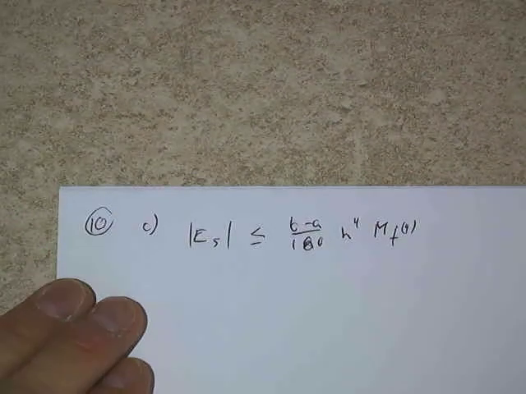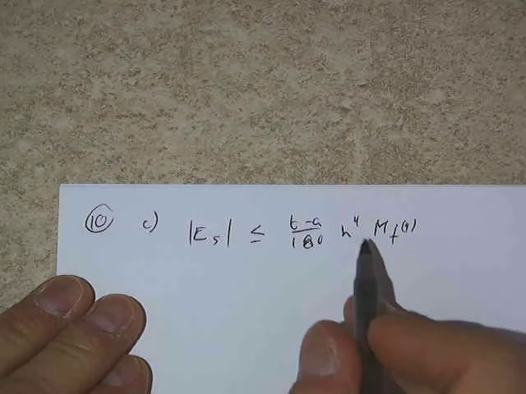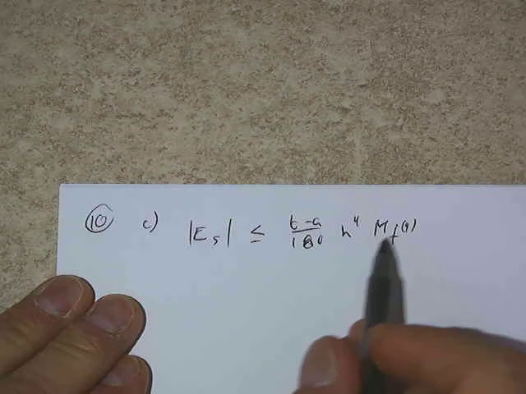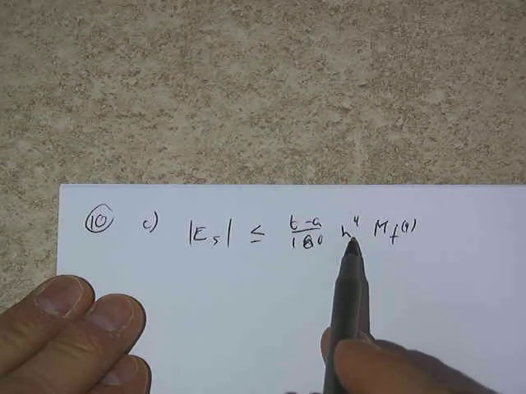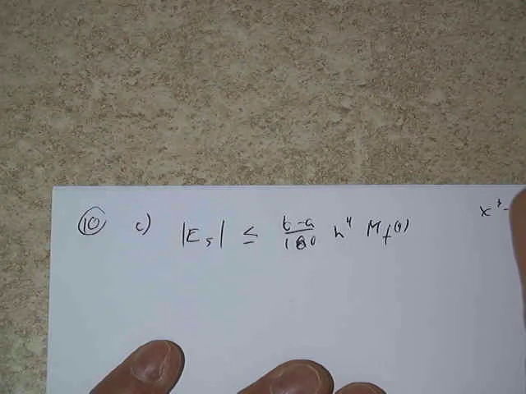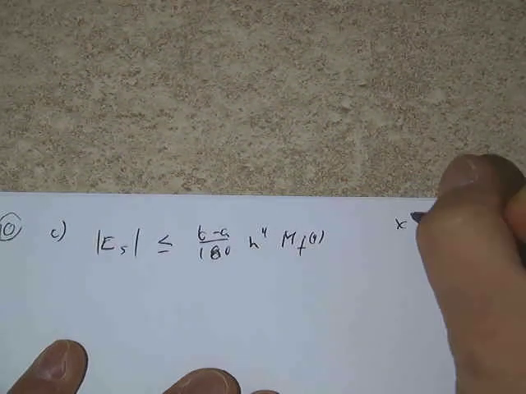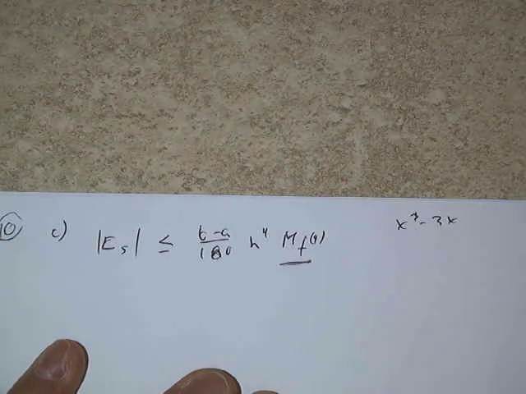So that being our formula, if we want to know the error here, we know the error has to be less than this stuff right here. Ultimately, this stuff right here really doesn't matter, because remember, our function in question was x cubed minus 2x, wasn't it? This was our function, and that M value right there is the maximum value of the 4th derivative.